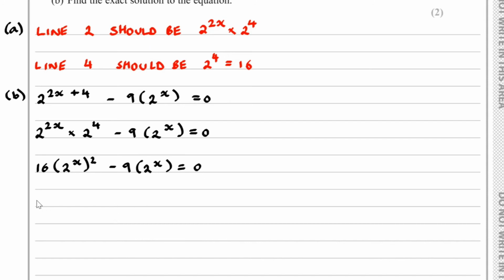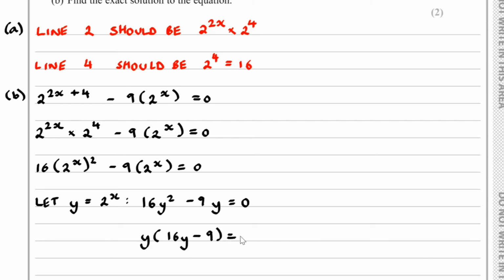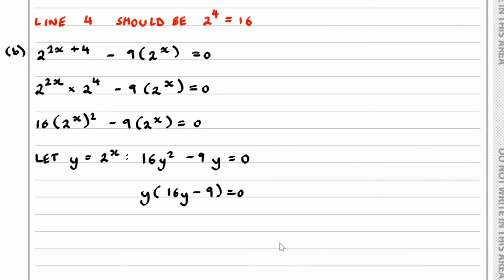So now what I will do is I will let y equal 2 to the power of x. And if I do that, I've got 16y squared minus 9y equals 0. If I factorize, I've got y lots of 16y minus 9 equals 0. So y is equal to 0, or y is equal to 9 over 16.